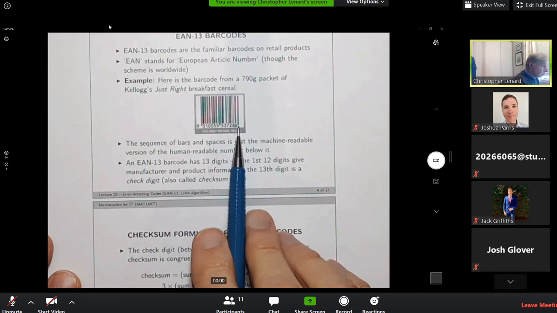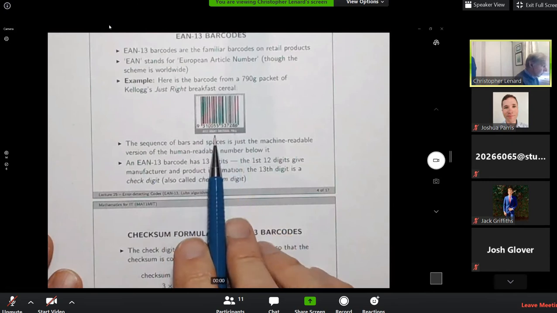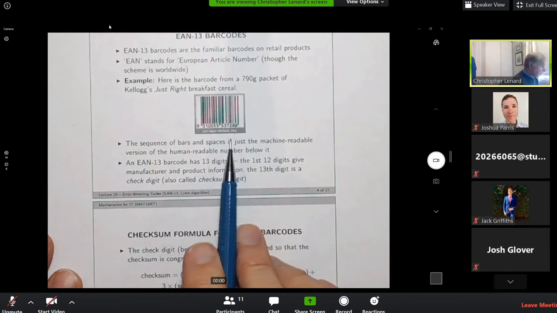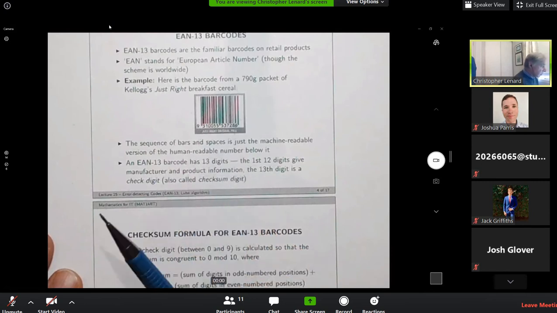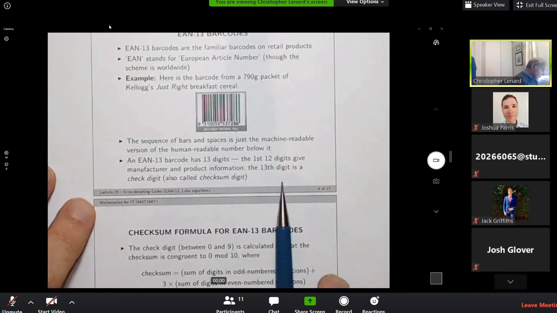The 13th one, though, isn't just random. It isn't made up. It depends on the first 12. And there's actually a formula to tell you what that 13th one is. And that formula is designed in such a way that it will detect certain errors in some situations.